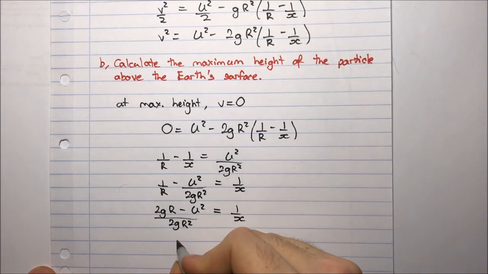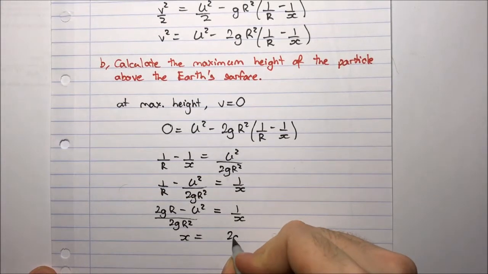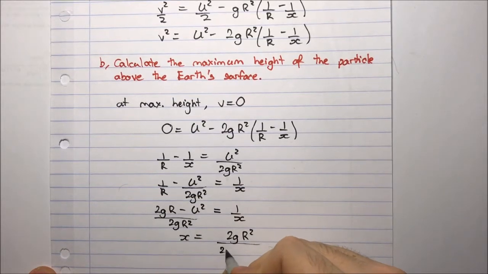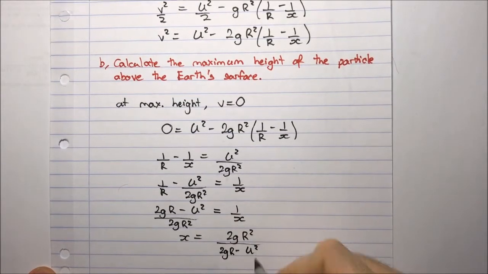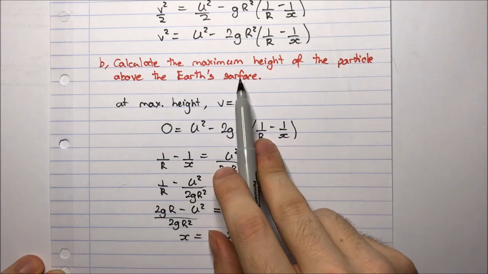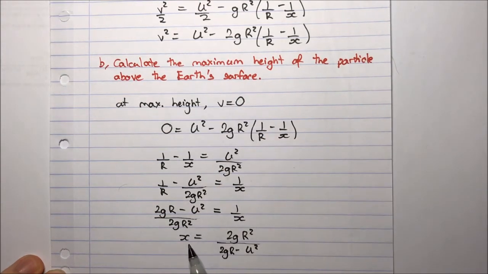Reciprocating both sides, I'll get x equals 2gR squared over 2gR minus u squared. So what have I actually worked out here? I've worked out an expression for the maximum height of the particle, not from the Earth's surface, but in fact from the center of the Earth, because that's what x was.